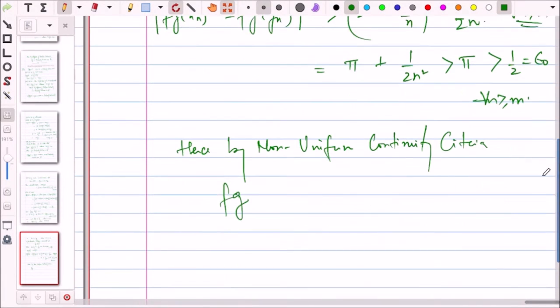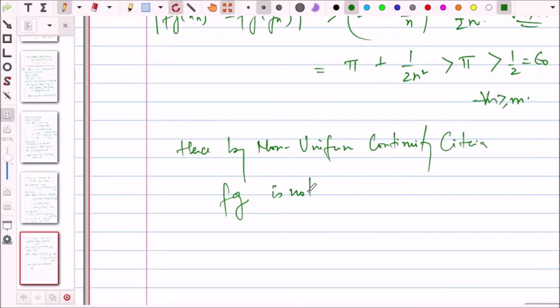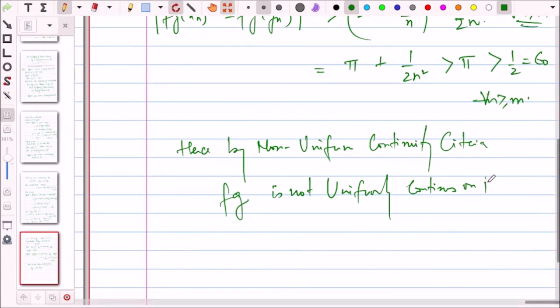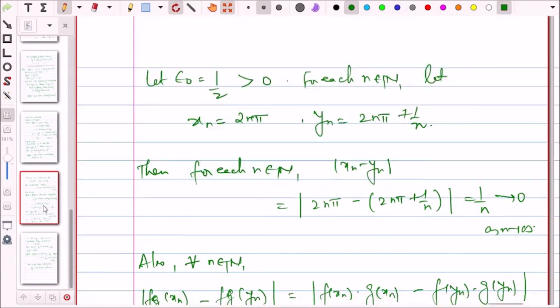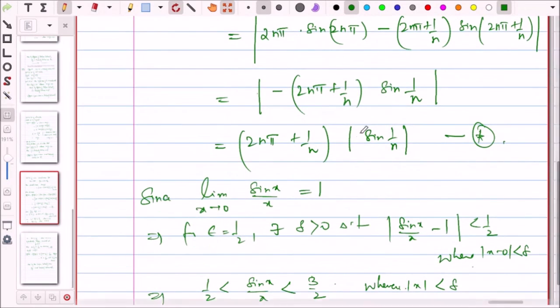fg is not uniformly continuous on R. What you could have done is, from star you could have directly concluded that fg is not uniformly continuous, because you could have shown that this is diverging to infinity.